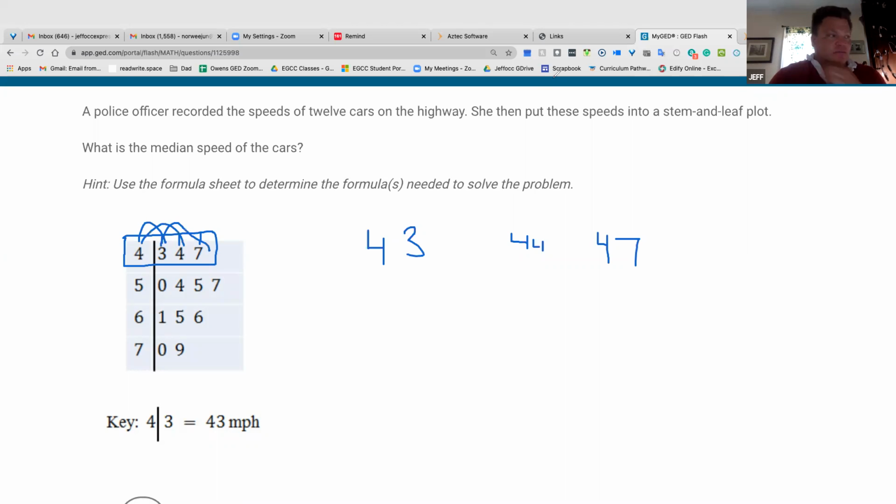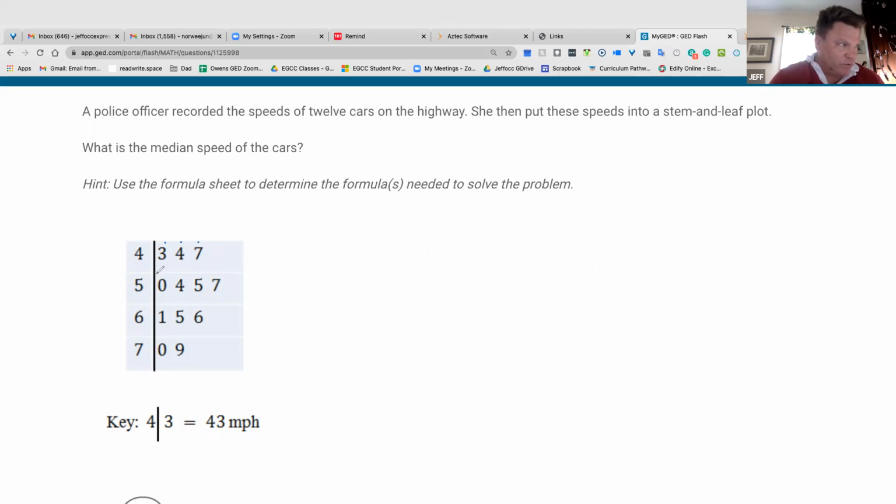So that's how it is. There are 1, 2, 3, 4, 5, 6, 7, 8, 9, 10, 11, 12. There's 12 speeds. 3 of them are in the 40s, 4 of them are in the 50s, 3 of them are in the 60s, and these 2 people are speeding.